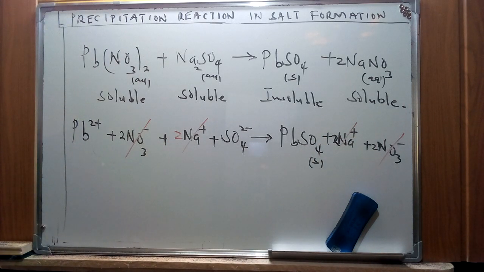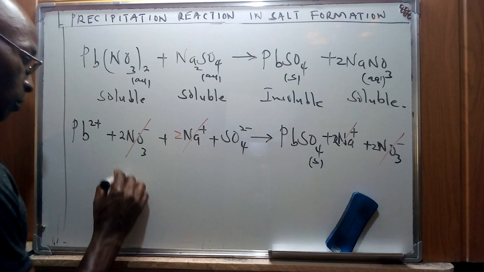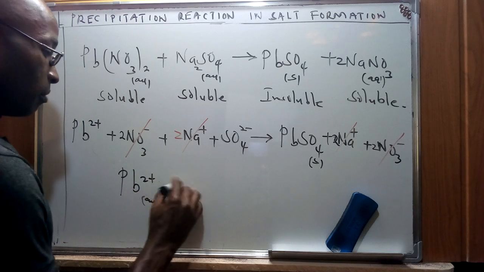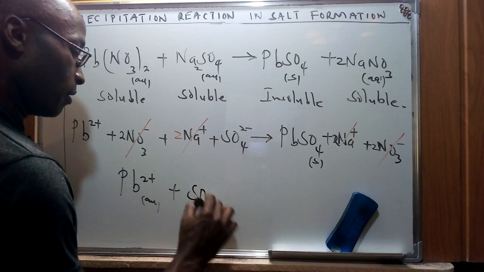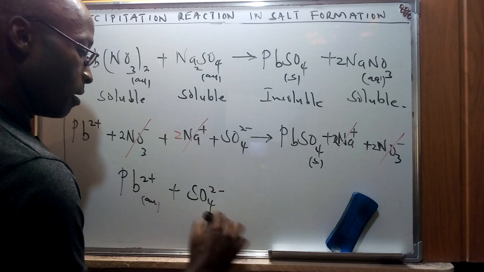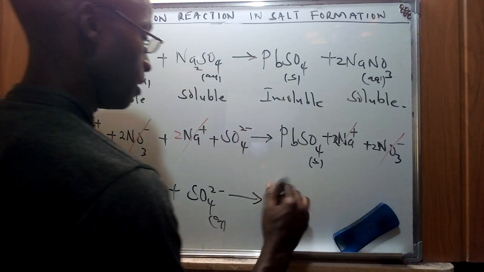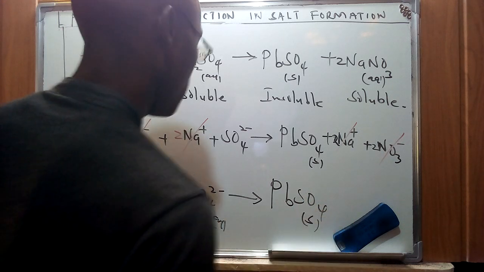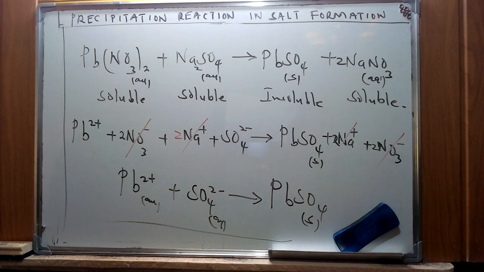Therefore, the overall ionic equation for this precipitation reaction leading to the formation of a salt is going to be lead ions plus sulfate ions, and this is going to form lead sulfate. So therefore this is the overall ionic equation for that specific formation.